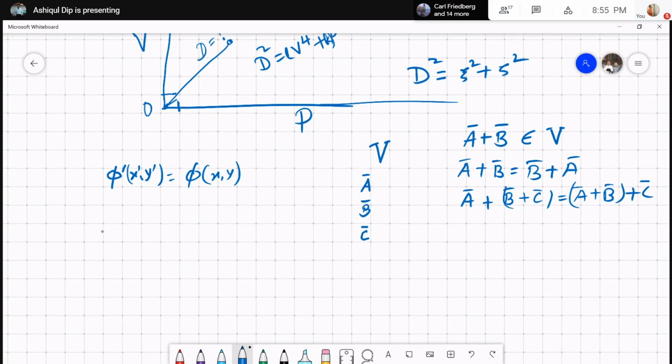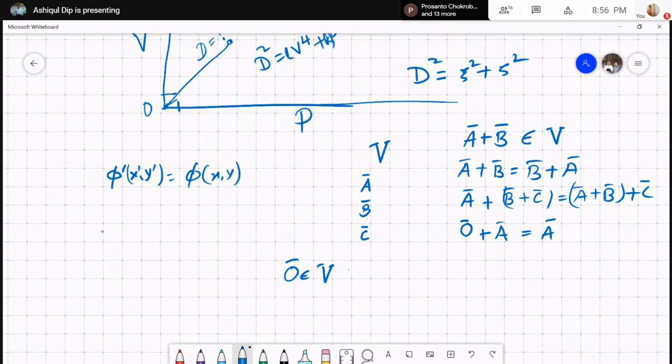The next two additive properties: there has to be some null element, zero, which is the identity of addition. There has to be some element 0 in V such that if you add anything to it, it gives you that same element again.